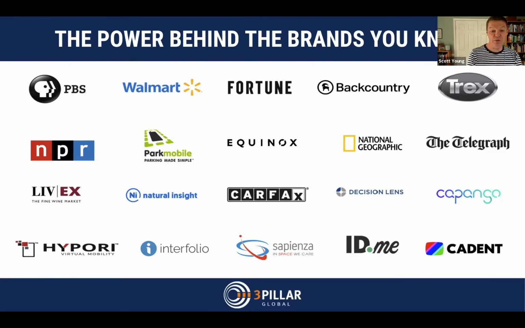And our definition of a software product is the thing that our customer uses. This slide here has a bunch of our customers. There are lots of very well-known names here. Fortune, I don't see there, but we also have Fortune, PBS, Backcountry, Equinox. These are all active customers of ours.